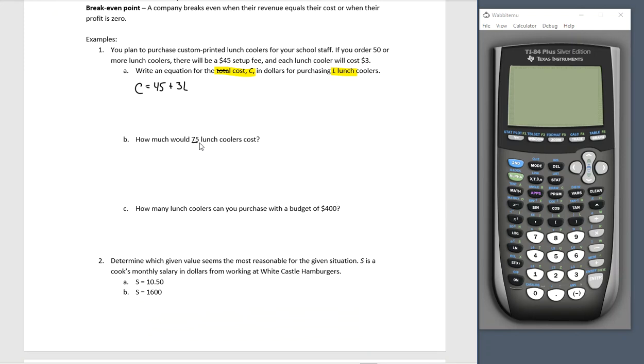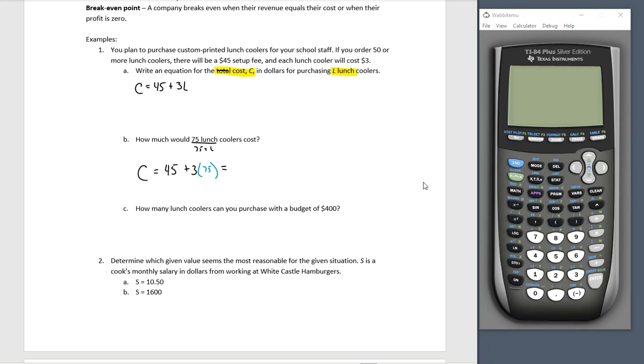So if I have 75 lunch coolers, this tells me that 75 is equal to our L value. So we can find our cost. Cost is 45 plus 3 times 75, right? Instead of that L, we'll have a 75 in place.